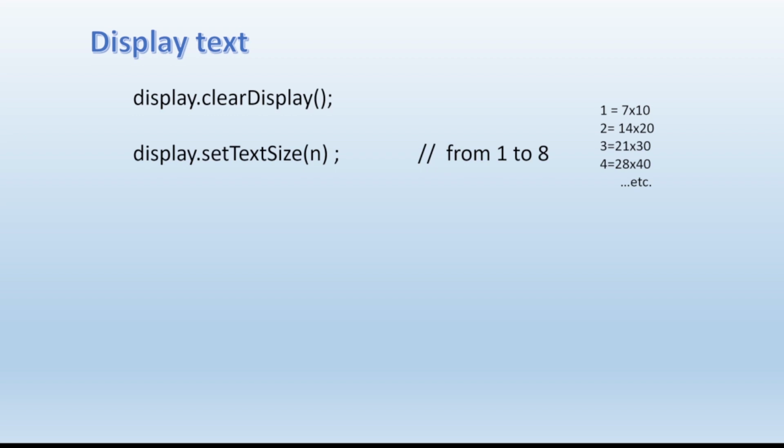If you set the text size to 2, then it's 14 pixels by 20, and so on and so on. So we've cleared the display, we've set our text size, we then set the text colour. We only have 2 colours, black and white, so normally you'd be printing white on a black screen, although we could put black in the brackets to print black on a white screen.